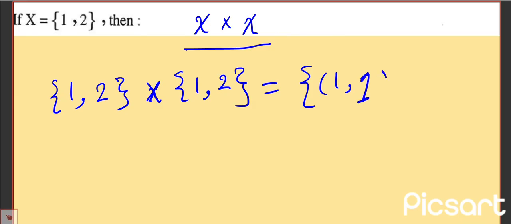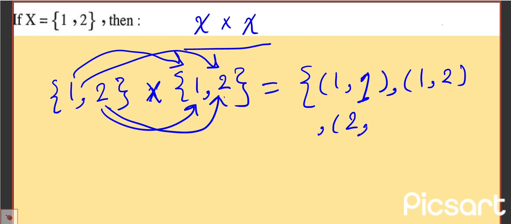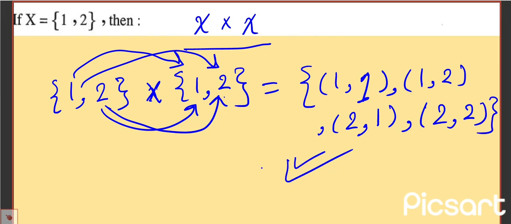Excellent. 1 and 2. Then 2 and 1. And 2 and 2. Yes, this is totally correct.